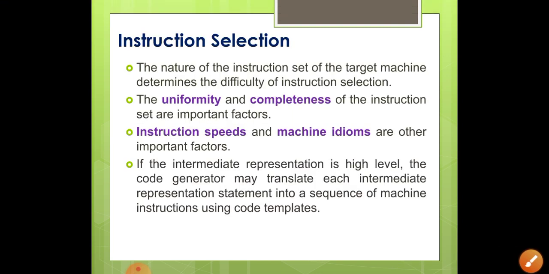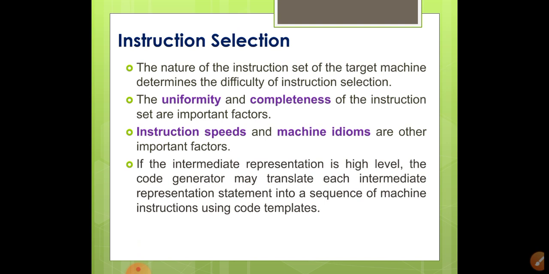So next we are going to discuss instruction selection. The first function of the code generation phase is to translate the intermediate representation into equivalent machine instructions.